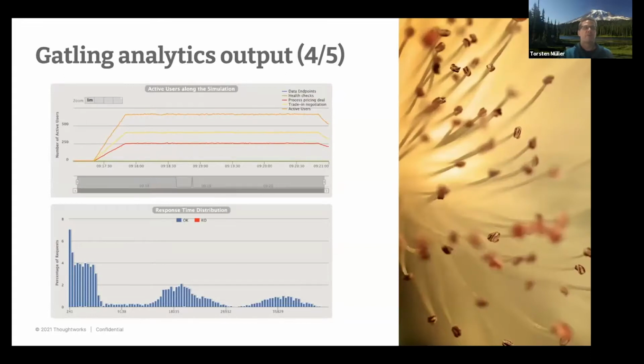And it also gives you here the number of active users over time. So you see that this is just a regular performance test ramping up to a constant value. And you can see here the blue, green, red, yellow, and the orange. So these are the 4 scenarios and the overall users. You can see the response time distribution.